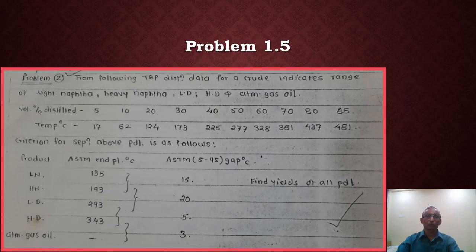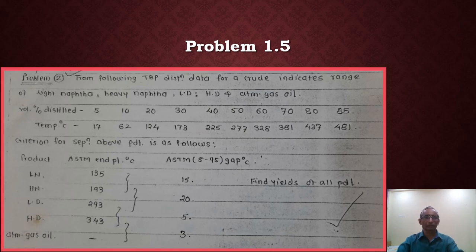Now we are going to solve a problem to identify how much quantity of each fraction you are going to get, petrol, diesel, kerosene, or whatever boiling ranges I mentioned earlier. For that the TBP experiment is performed. This is the problem: from the following TBP distillation data for crude, indicating a range of light naphtha, heavy naphtha, light distillate, heavy distillate, atmospheric gas oil, that means you are going to get 5 products.